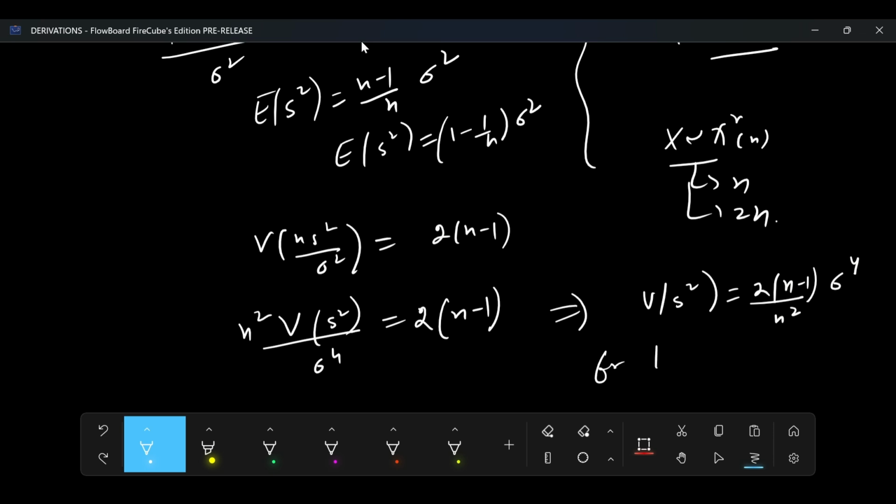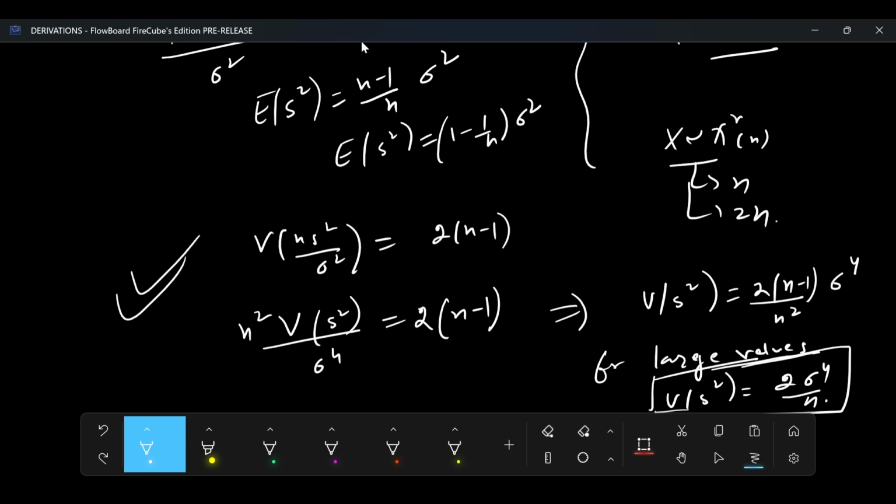For large values of n, variance of s square will be 2 sigma 4 upon n. Clear? 2 sigma 4 upon n. So you need to remember these things. These are very important for you.